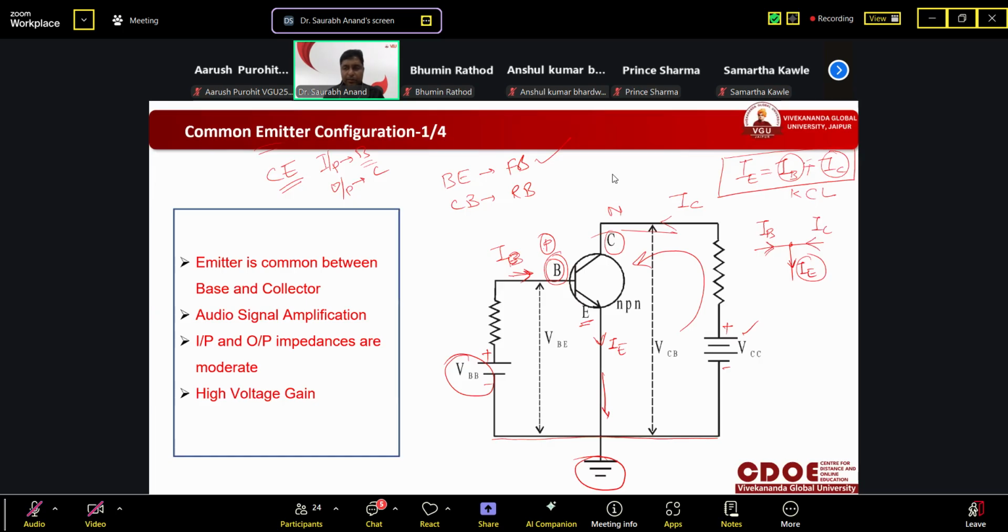Why? Because we have to add them, and addition will always be in the same direction, either outgoing or incoming. So if IB is incoming, then IC should also be incoming. You should not make a mistake in the diagram.